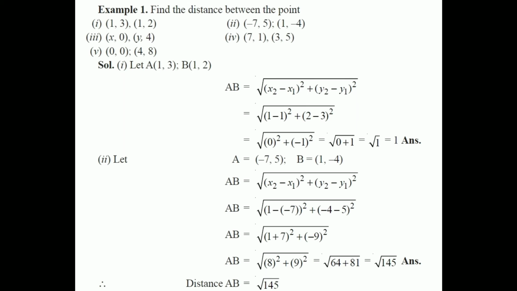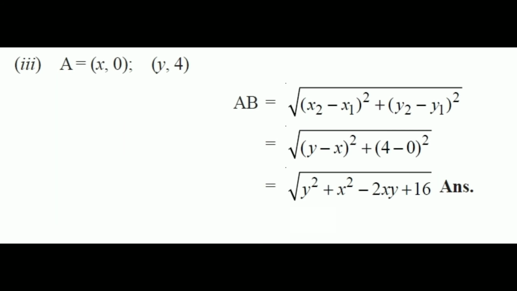So this distance AB is under root 145. Next sum is A (x, 0) and B (y, 4). Applying the distance formula, (x2 minus x1) whole square plus (y2 minus y1) whole square under the square root, we get the abscissa's difference is (y minus x) whole square, and it is solved by using the identity y square plus x square minus 2xy.